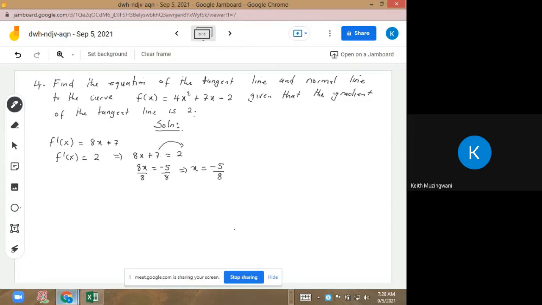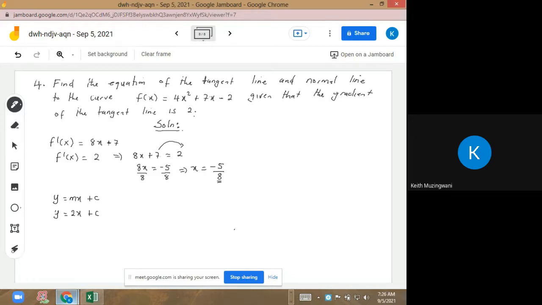Okay? This means that we could easily find the equation of the tangent, because the gradient is already given, it is 2, and we have the value of x where this line passes through.